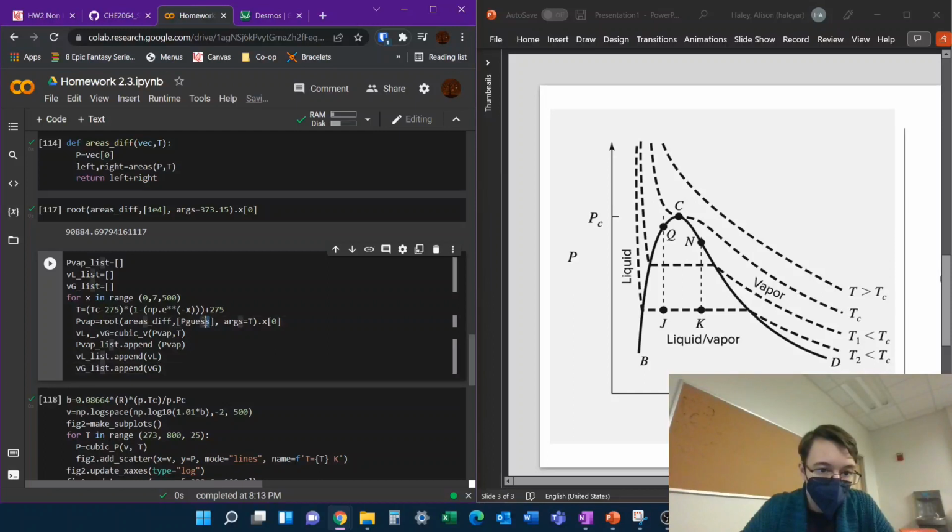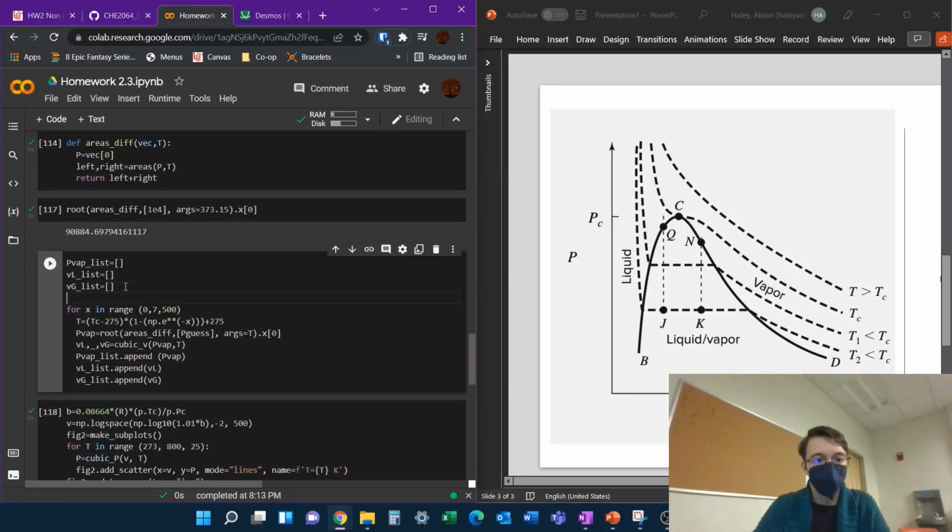So now we need to look at what our pressure guess is. We don't want our pressure guess to be the same every time, because our guesses will get unreasonable pretty fast. As the temperature is increasing, this also needs to change. So we'll start with a low pressure. Our initial P guess will be maybe 100 pascals, which is pretty low.